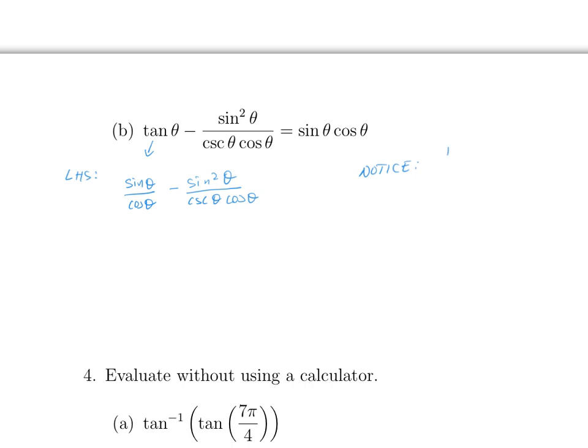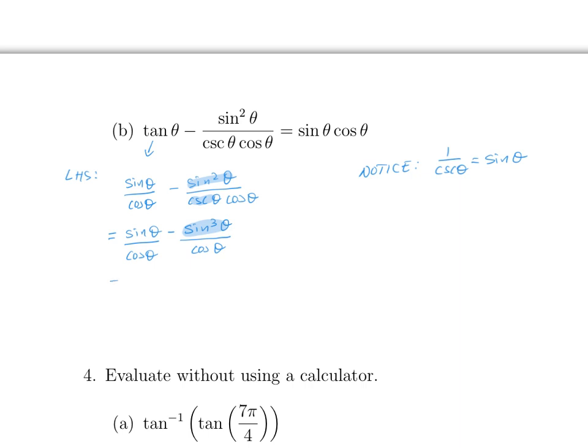So notice this, the 1 over cosecant, remember, is equals to sine theta. So therefore this part is essentially sine cubed. So therefore this is sine theta minus sine cubed theta. This is over cosine. This is over cosine. So therefore now you have the same denominator.